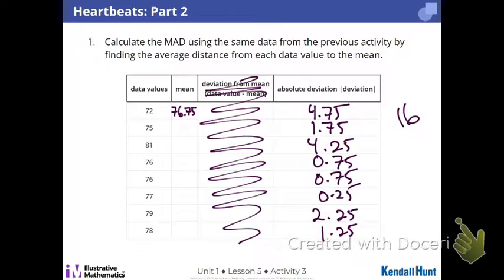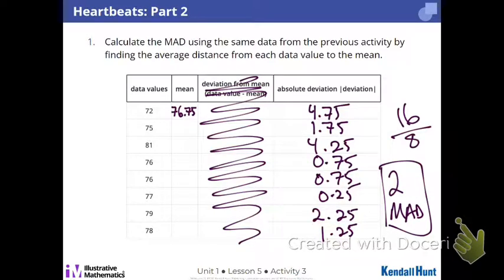How many pieces of data are there? So the 16 says, in total, I'm 16 away for these 8, divided by the 8, and I get a 2 for the mean absolute deviation. So what this means is this. On average, I'm only 2 away from the average. Do you see how that means the center is really close? All my data on average is only 2 away from the average.